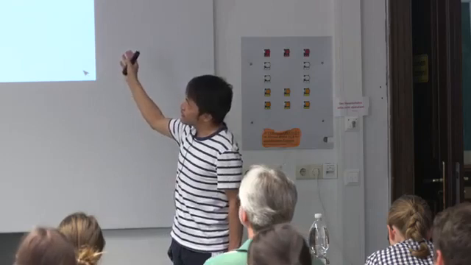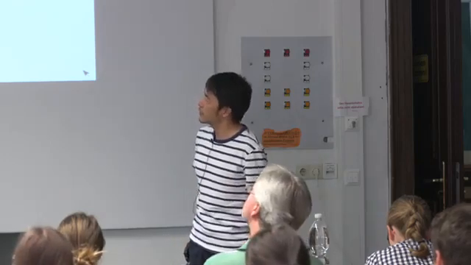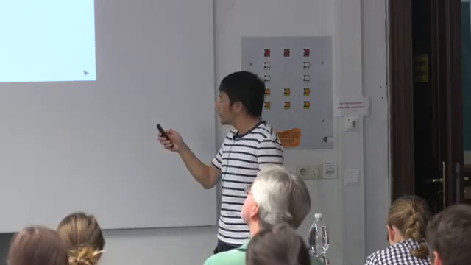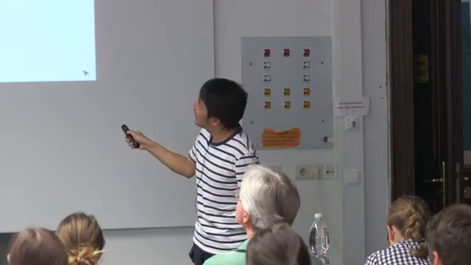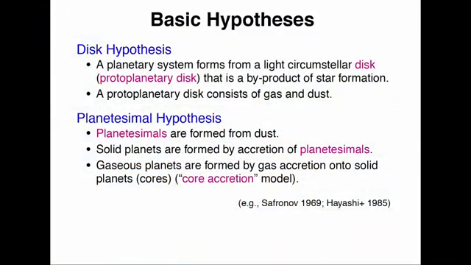Then the second hypothesis is called the planetesimal hypothesis. From only the dust of the disk, planetesimals are first formed somehow. And solid planets, like terrestrial planets and ice giants, are formed by accretion of these planetesimals. And to form gas giants like Jupiter and Saturn, first, relatively large solid planet cores are formed by accretion of planetesimals.